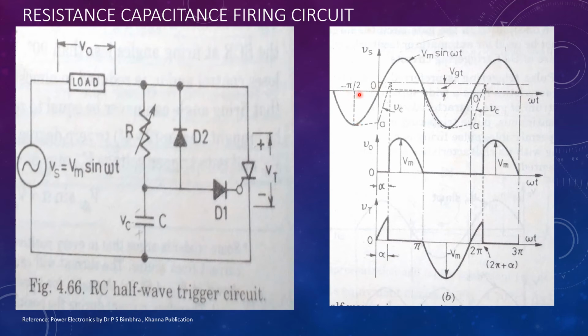After omega t equal to minus 90 degree to 0, the source voltage will fall towards 0. However, capacitor opposes any change in voltage and it will try to maintain its peak voltage Vm. At omega t equal to 0 degree, capacitor will maintain a voltage of minus OA.